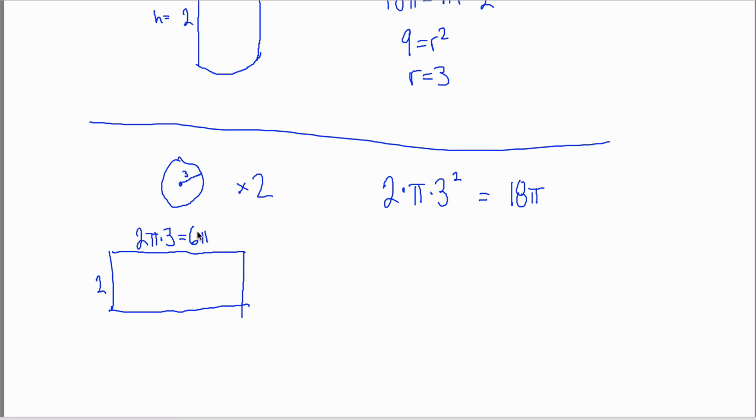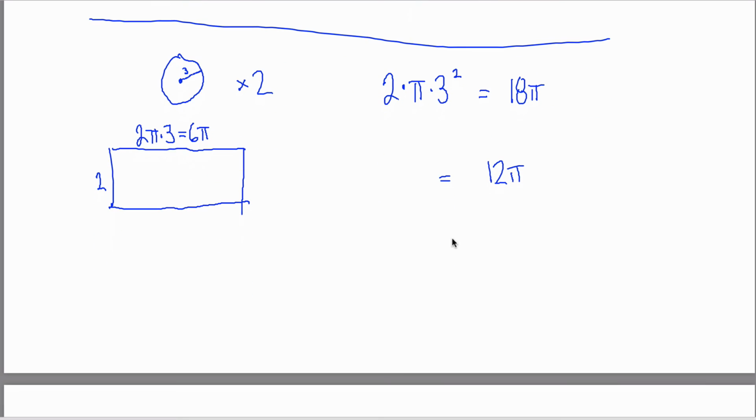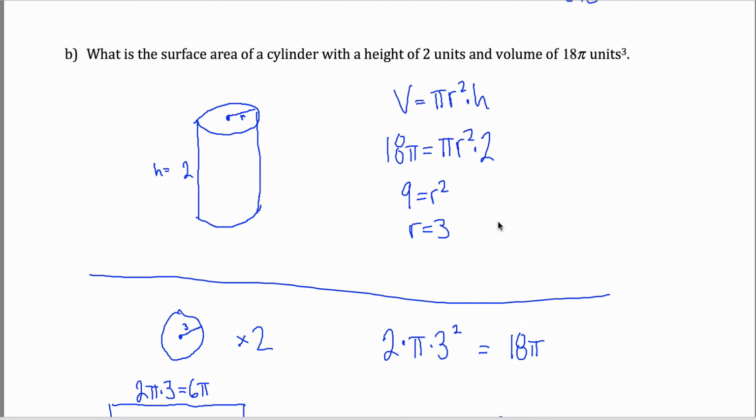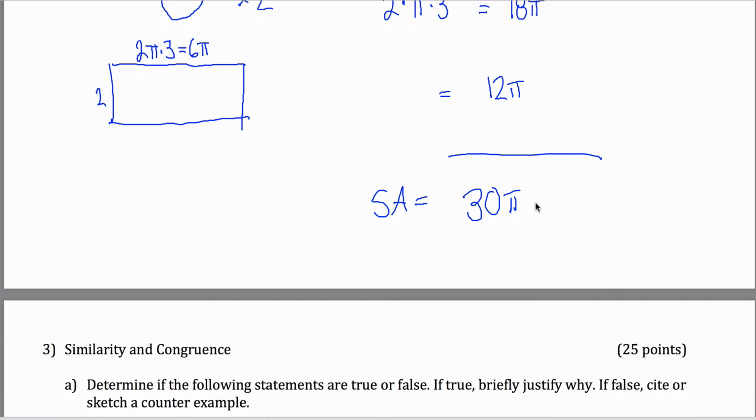So the circumference is 6 pi. So the area of a rectangle that is 2 by 6 pi is 12 pi. Take this number times this number. So the surface area is equal to 18 pi plus 12 more pi. It's equal to 30 pi. And do I give any units? I just call them units. And since I'm talking about surface area, they're units squared.